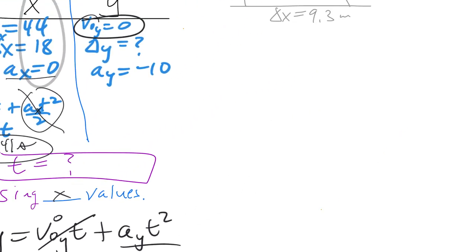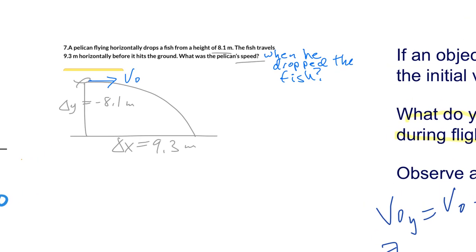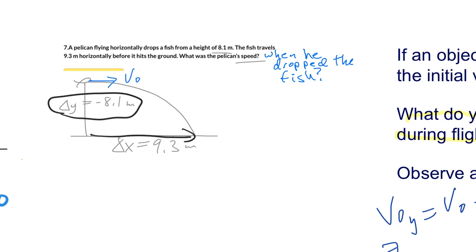Okay. How about another one? Pelican drops a fish. It gave me delta y, and it gave me delta x. It was pelican speed, so I'm looking for VO, which is basically VOX.